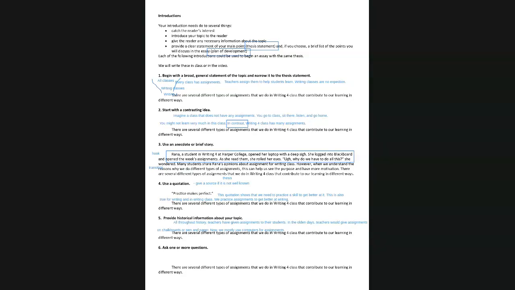No, these are called rhetorical questions. The purpose of these questions is to hook your reader. Remember, a hook is pictured in your book. It's like this to catch a fish. So when someone asks you, have you ever taken a writing class, and you think, oh, yes, I have, it makes you interested in the topic automatically. So this would be okay to begin your essay, asking one or more questions.